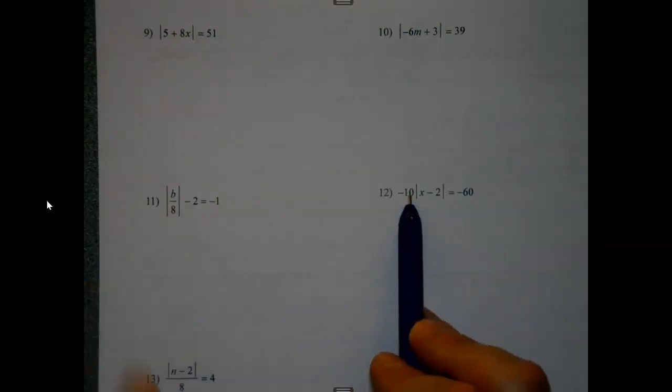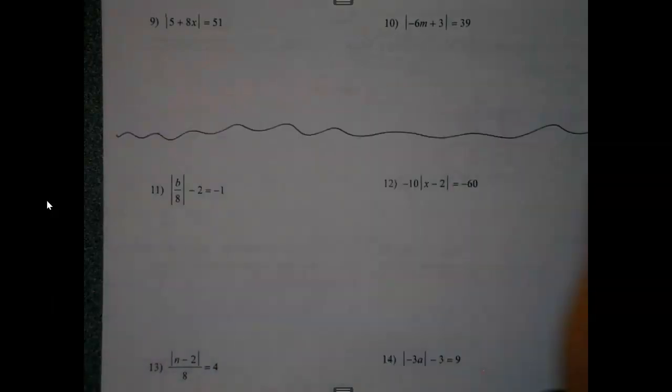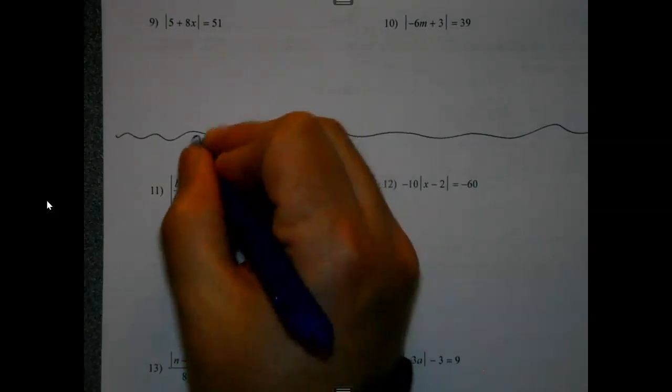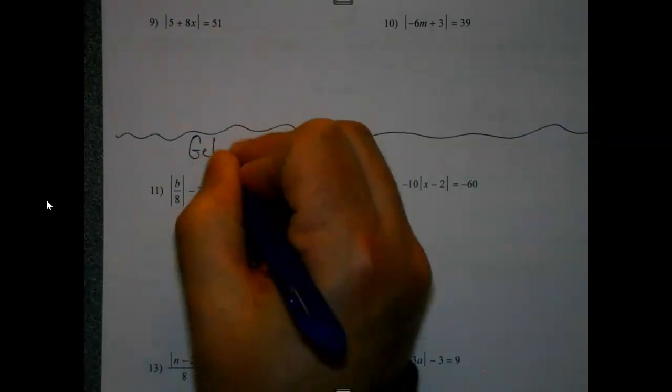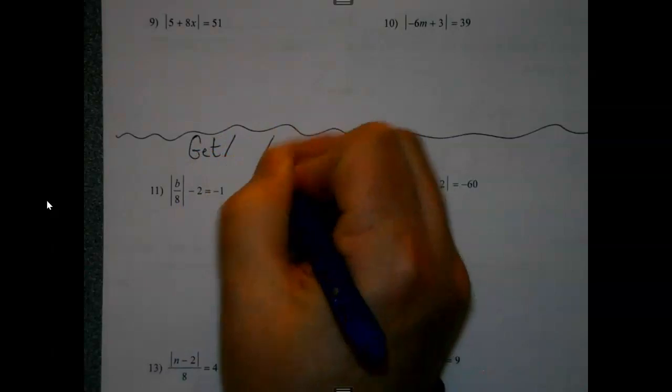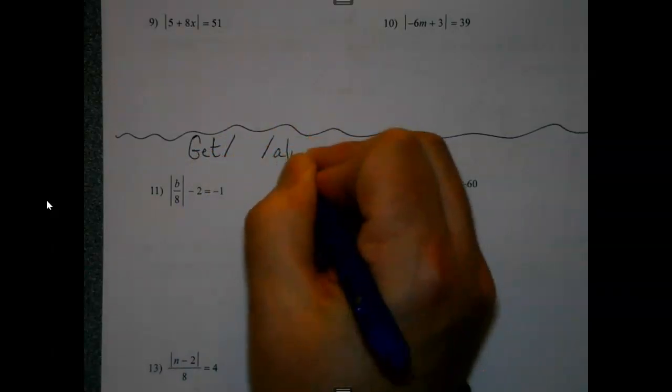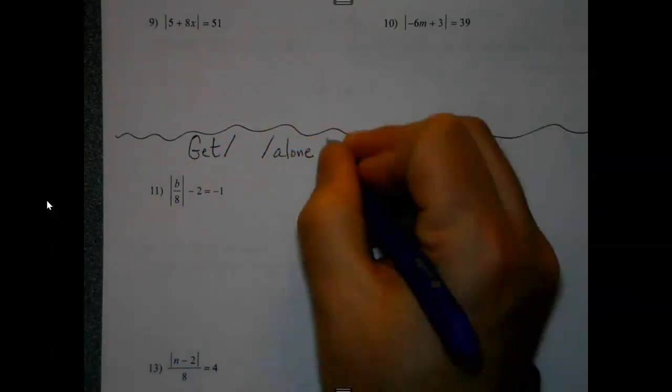Well, now I'm noticing there's starting to be stuff outside the absolute value. So I'm gonna kind of mark off this area a little bit, and I'm gonna make myself a note. We need to get the absolute value alone.